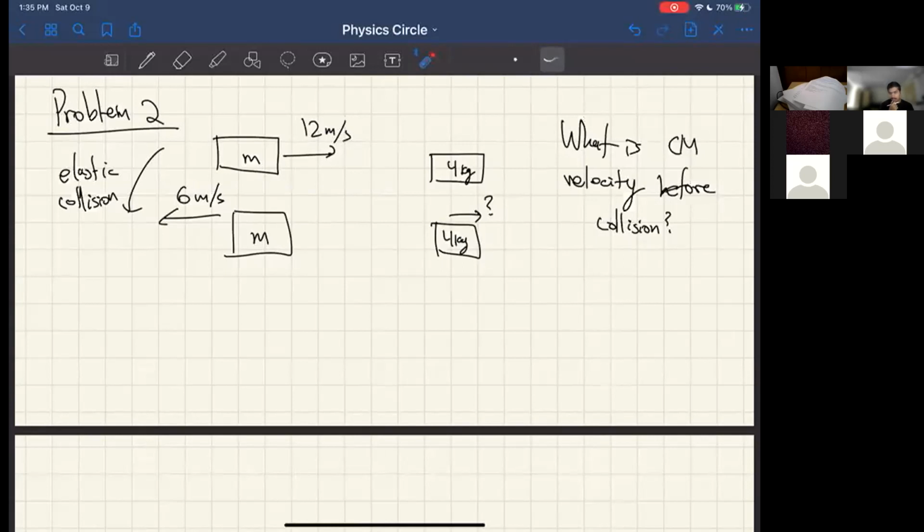Am I audible now, or am I still disconnected? You are audible right now, but you were disconnected before, so I would appreciate if you could repeat. Yeah, all I'm saying is, why is the center of mass velocity the same before and after? I haven't said anything beyond that. I'm just asking why that's the case. And somebody should stay in chat.